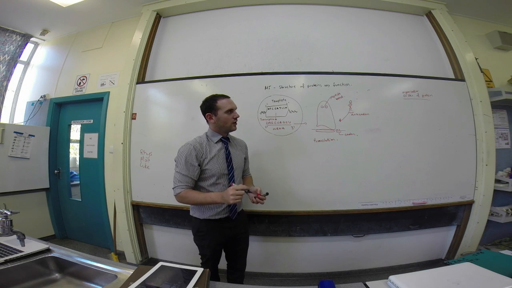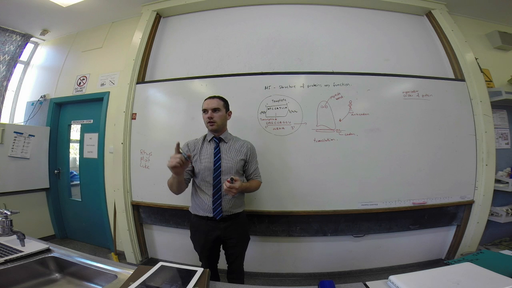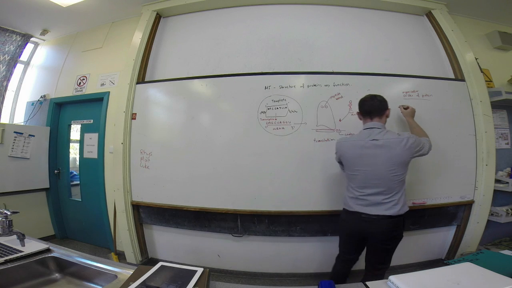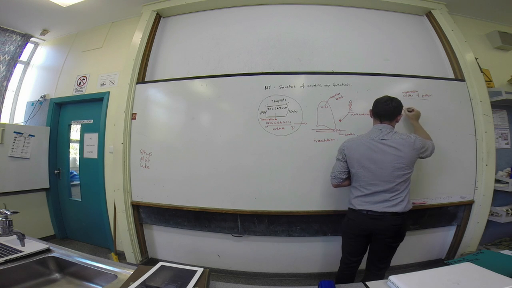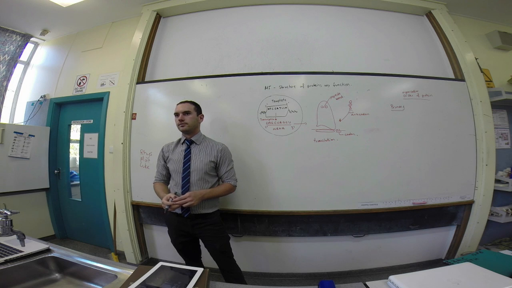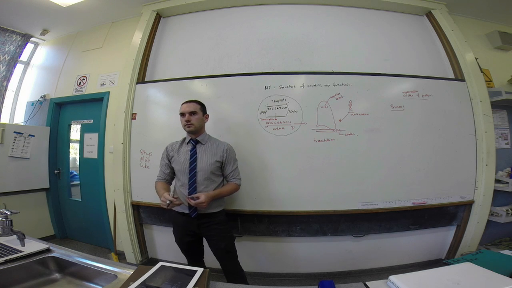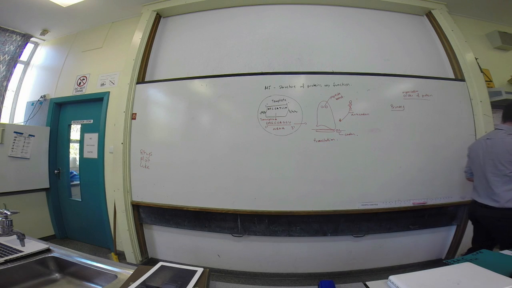What's our first organisational level of a protein? Primary. Yeah. So we have our primary organisation of a protein. What does that entail? Just the polypeptide chain? More than that. The order, the sequence. The sequence, thank you.